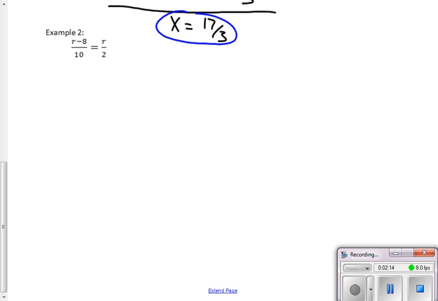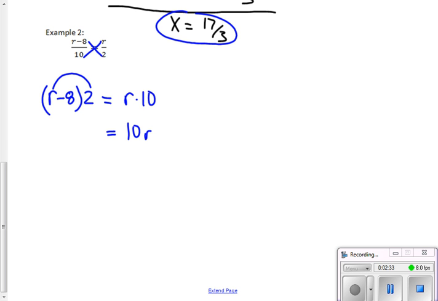Example 2, same thing. We're in proportion here, so we can cross multiply. We have r minus 8 multiplied by 2 equals r times 10. Well, r times 10 gives us 10r. Distribute your 2. We have 2r, and 2 times negative 8, which is negative 16.